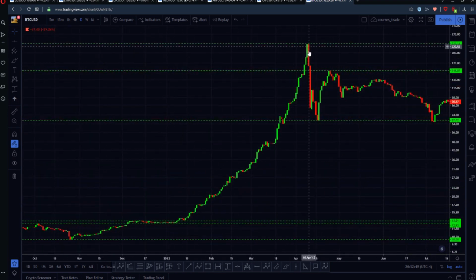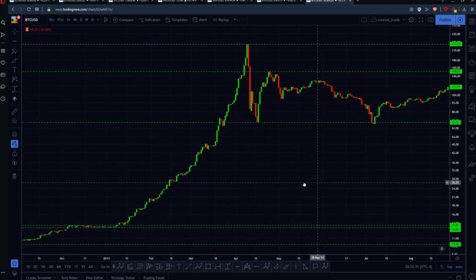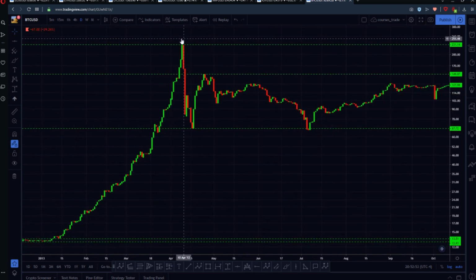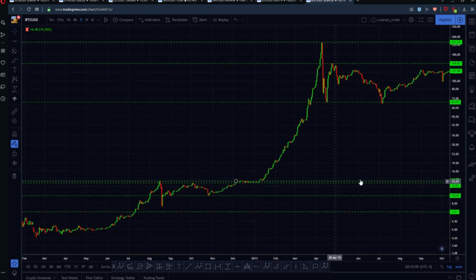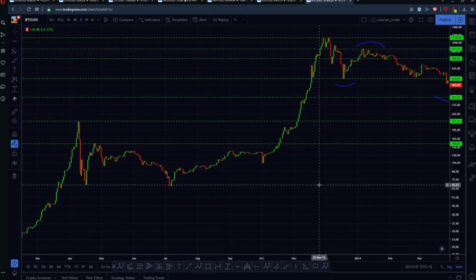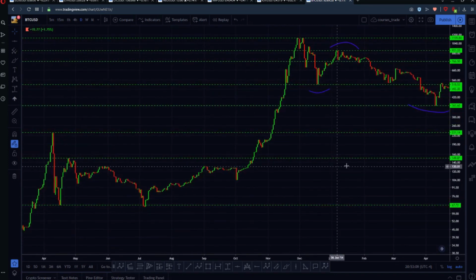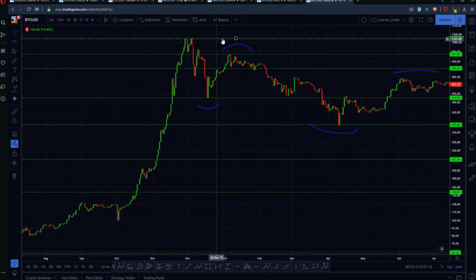These are moves that are brutal and unexpected, and these create emotional points, and they tend to be very strong support and/or resistances. Round numbers, like 10, 100, this kind of thing. This is roughly around 100.